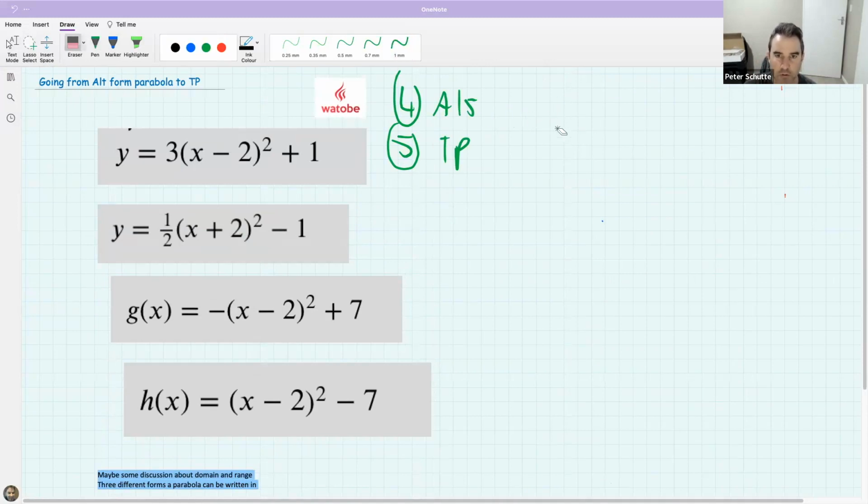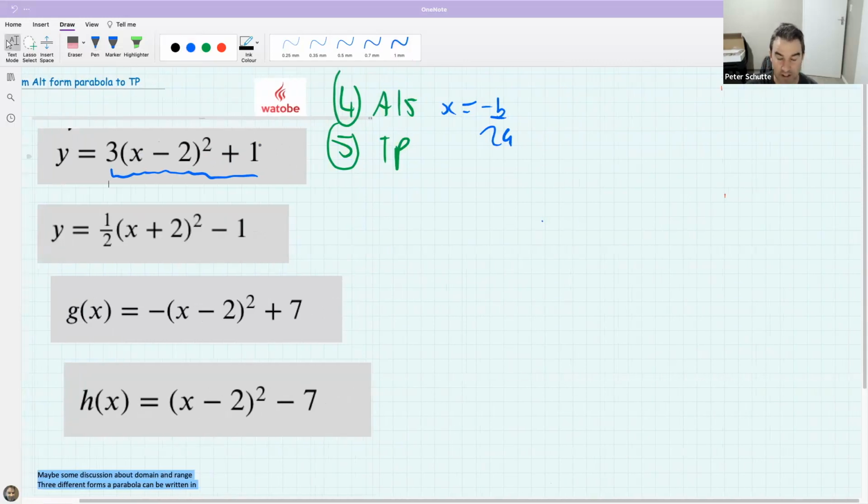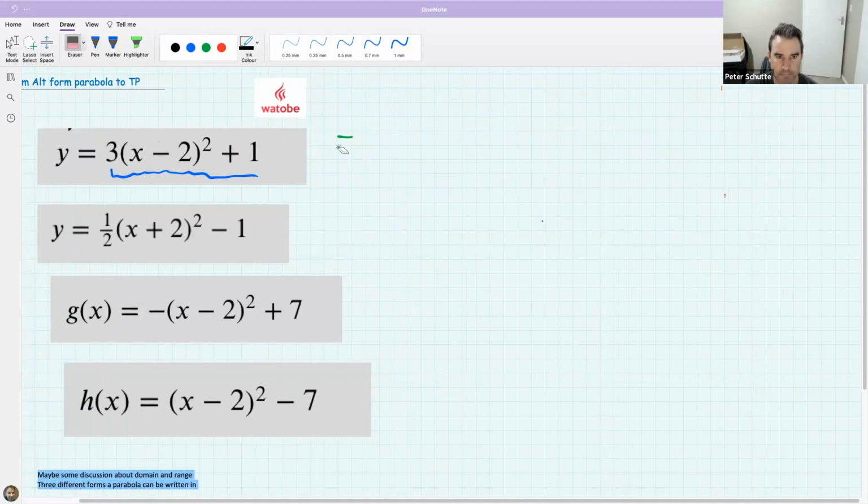And you can use the formula minus b over 2a if it's in standard form. But what happened in the last lesson is I had to break apart this whole thing and get it into standard form. And then I had to apply the formula. That took a lot of effort. It's useful to be able to do, but it takes a lot of effort. And there's a quicker way. So I want to show you the quicker way.